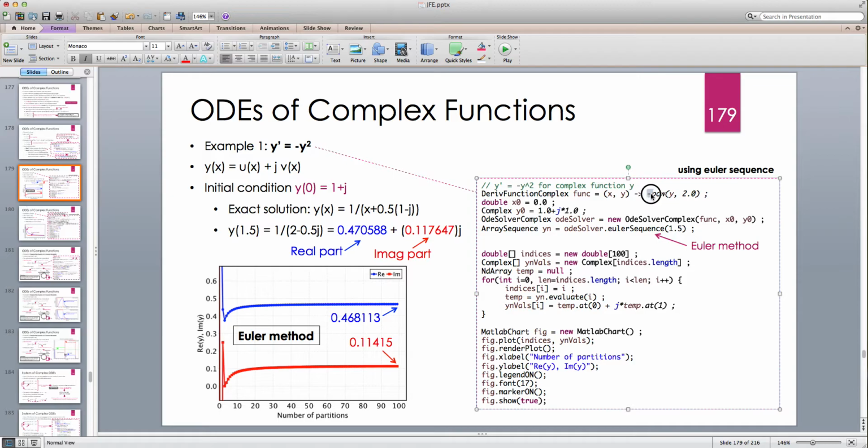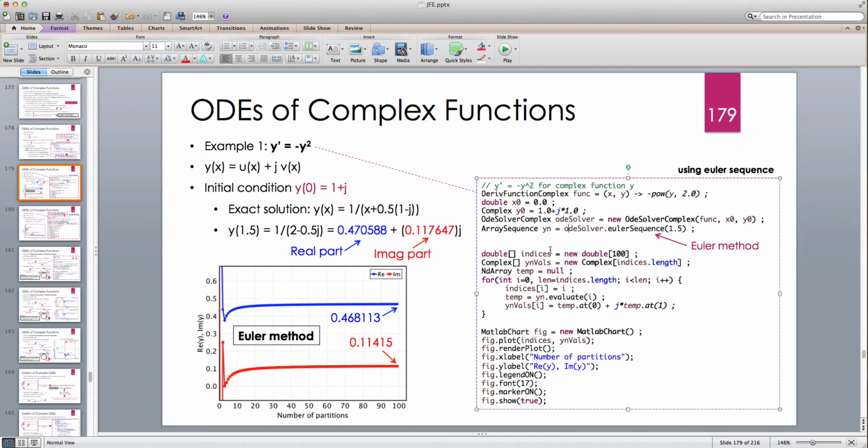All right, so minus y squared, and then the initial value for x is 0. The initial value for y is a complex number 1 plus j. And then the ODE solver complex, new ODE solver, we pass in the function, the initial value for x, the initial value for y, and then we create an array sequence yn that has two components.